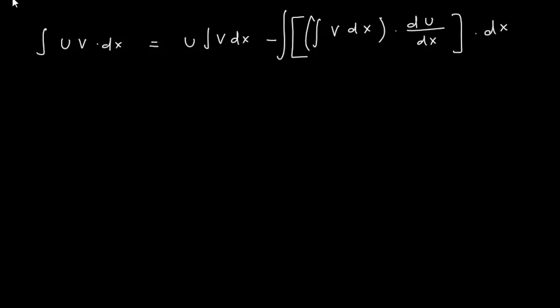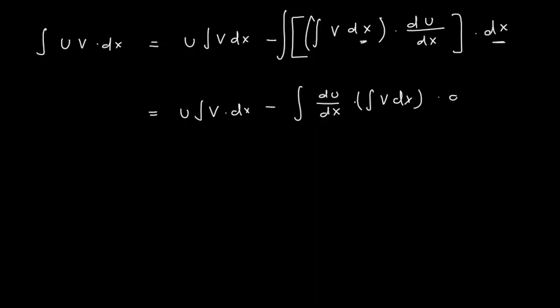Why this whole into dx? Because this dx is for the outer integration and this dx is for the inside integration. So this is the formula. Sometimes we can also write it as u into integration of v dx minus integration of du upon dx into integration of v dx, into whole dx. You can rearrange it like this.